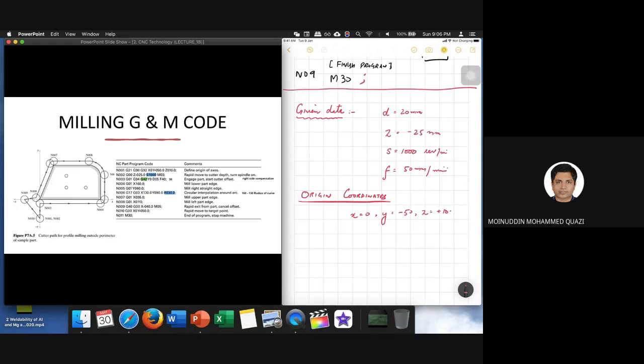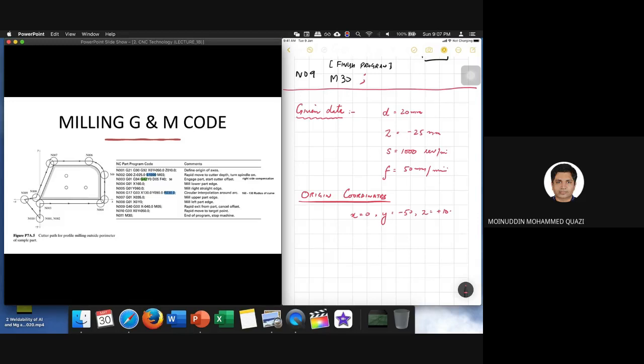The first thing to do is specify units. After specifying the units, tell which positioning system we need to use, whether absolute or incremental. Then we need to specify the origin using G92, which gives the current position. Then we will tell the cutter to move towards the workpiece.